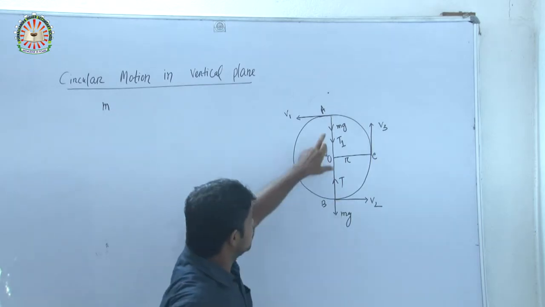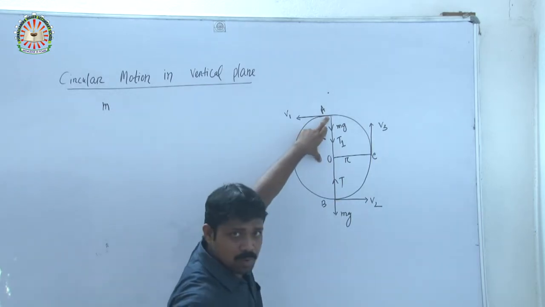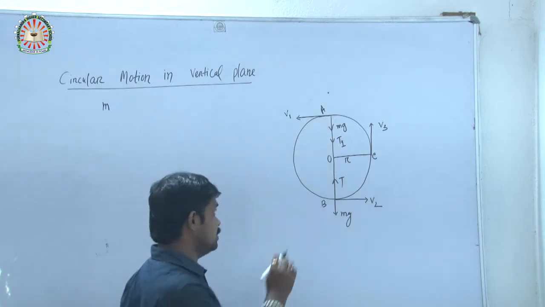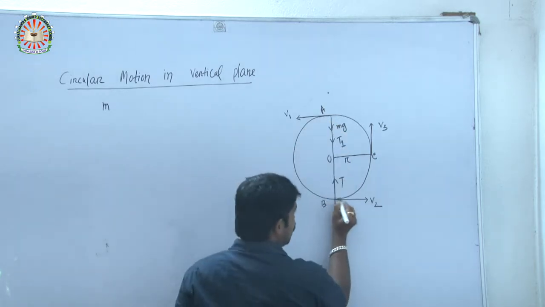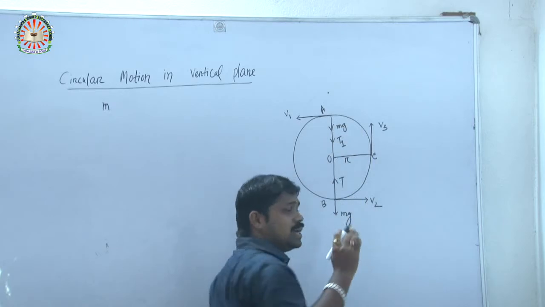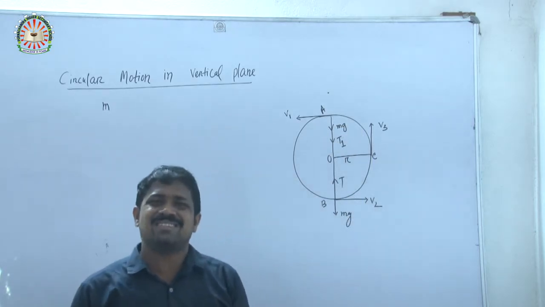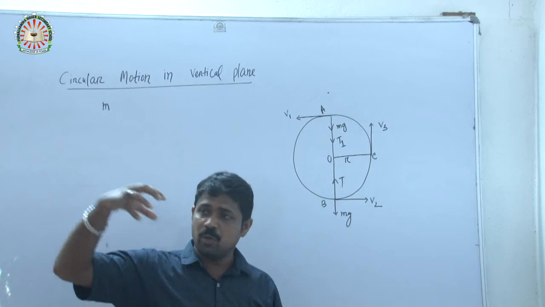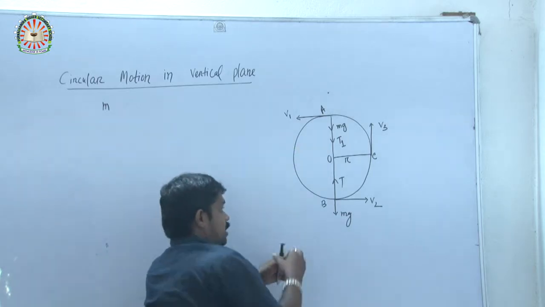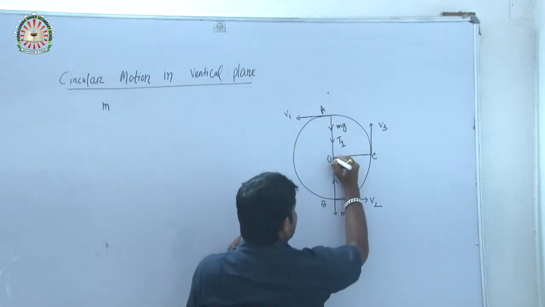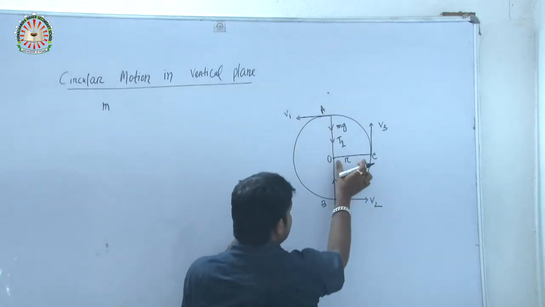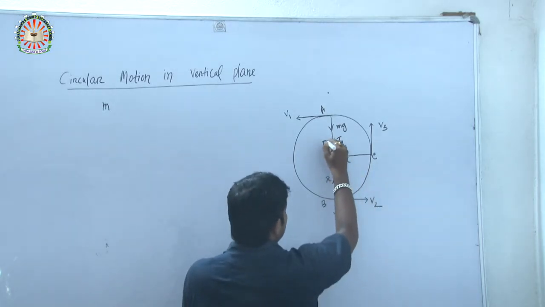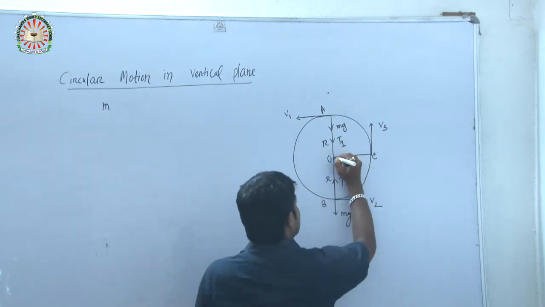Look at here. This is the top position of the object, and when this object moves in a circular path, it is connected to an inextensible string. This is the center and this is the length of the string. Listen very carefully. This is R and this is also R. This is the center.